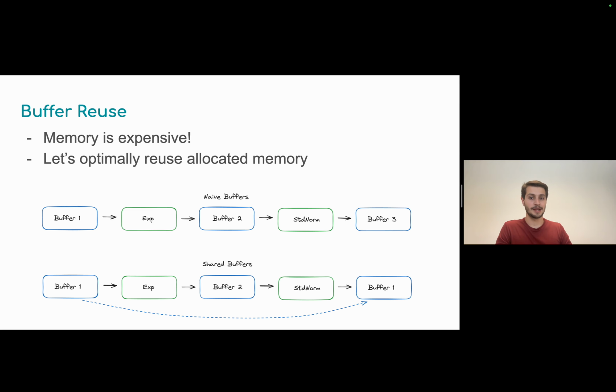So anytime we need buffer 3, we know buffer 1 is done. It's not going to be used again. And so we can say, oh, buffer 1 and buffer 3 should actually just be the same buffer. And so we see in the bottom here, that's exactly what we're doing. We're just saying that these two are the same exact memory buffer. So this is how we can optimally reduce our memory usage.